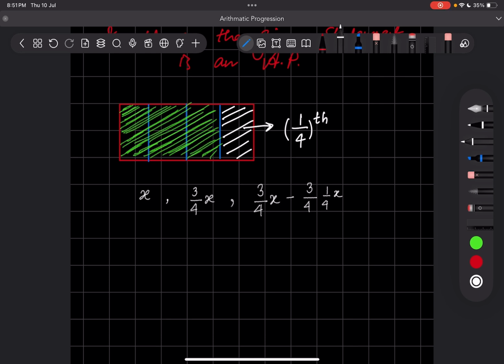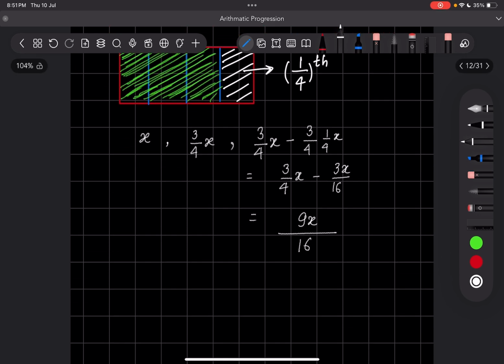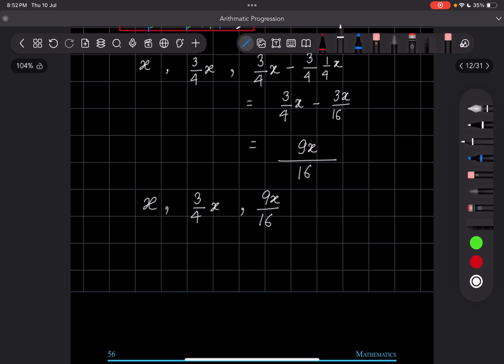And that will be equal to 3 by 4x minus 3x by 16, which is equal to 9x by 16. So the sequence that we are getting is x, 3 by 4x, and 9x by 16.